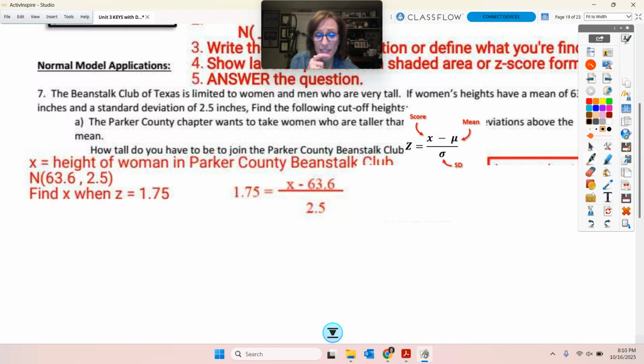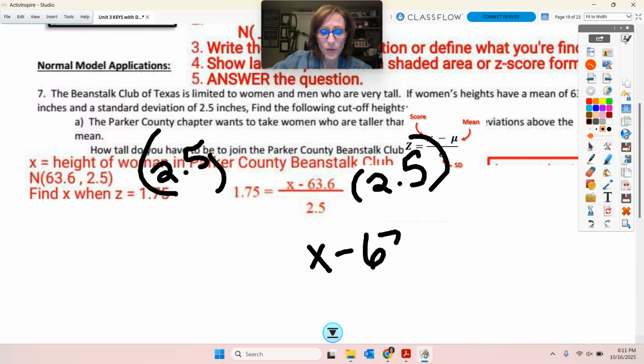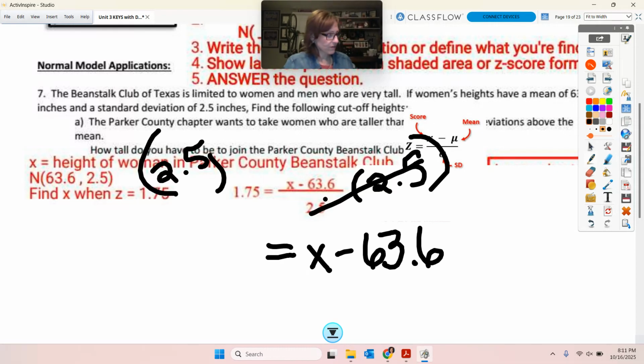Okay, so let's take a look. I need to solve for this x. So what we're going to do, we're going to get this 2.5 off the bottom. So we're going to multiply both sides by the 2.5. When we do that, we have x minus 63.6 on the right, because those cancel, equals whatever that 1.75 times 2.5 is. So I'm getting my phone out here real quick.